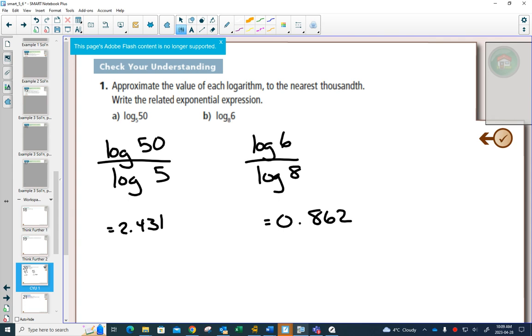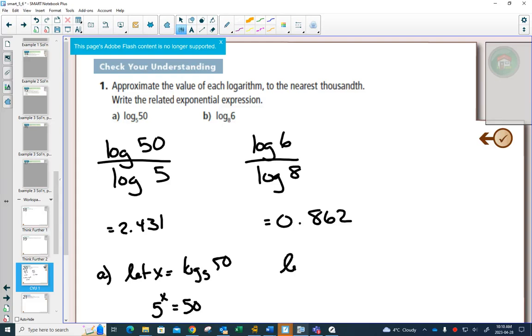What are we doing this way? We are actually solving the following. It says write the related exponential expression as an exponential expression in A. If we let x equal log base 5 of 50, then you would have 5 to the x equals 50, and we now know that the exponent that makes that work is 2.431.